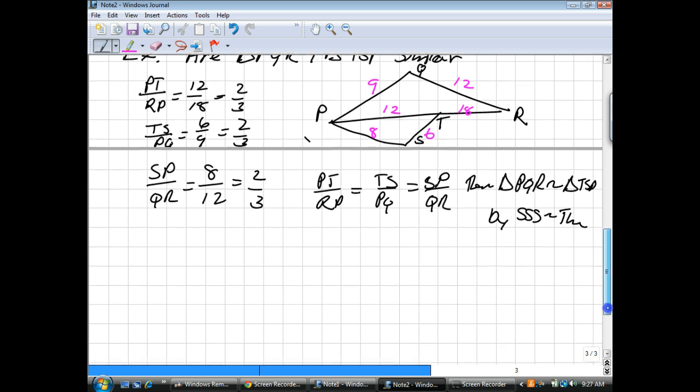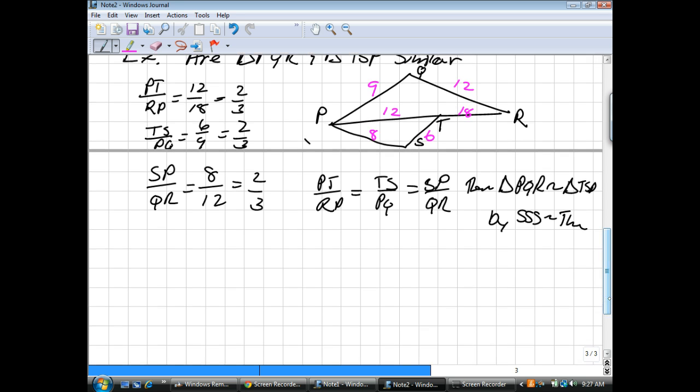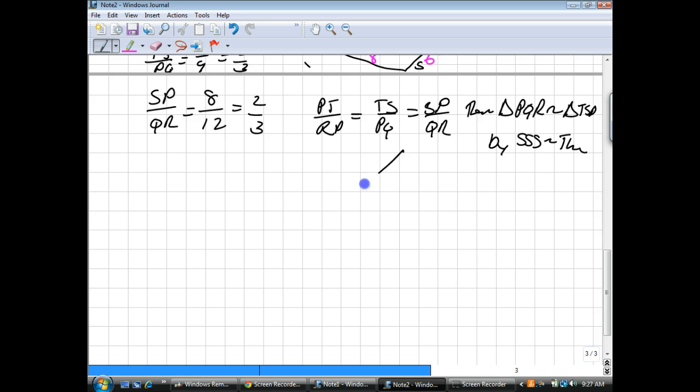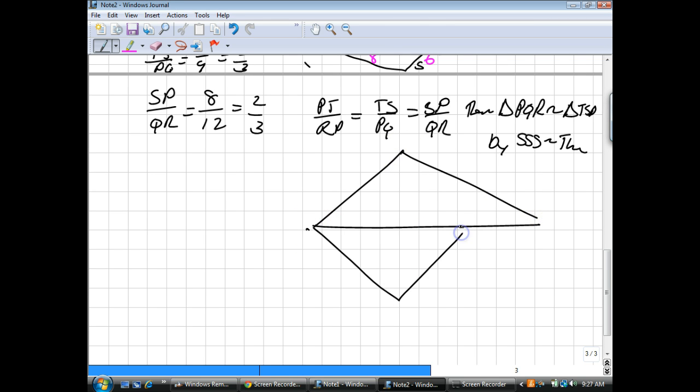Okay, but what if I know this information about the picture? Okay, so we have the same picture. I have Q, P, S, this is T, and this is R. And now I know that ST is 7.